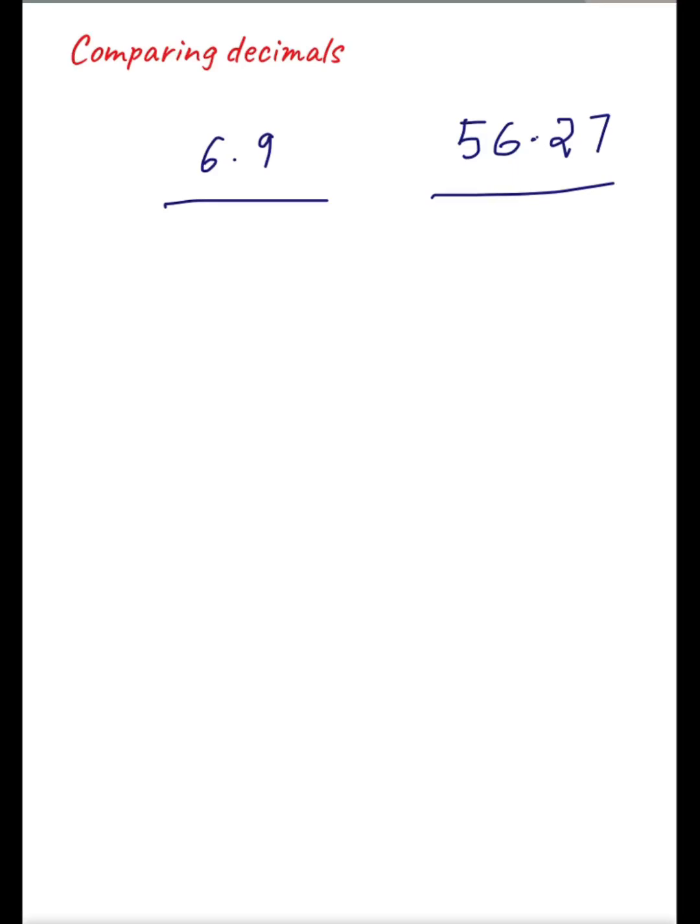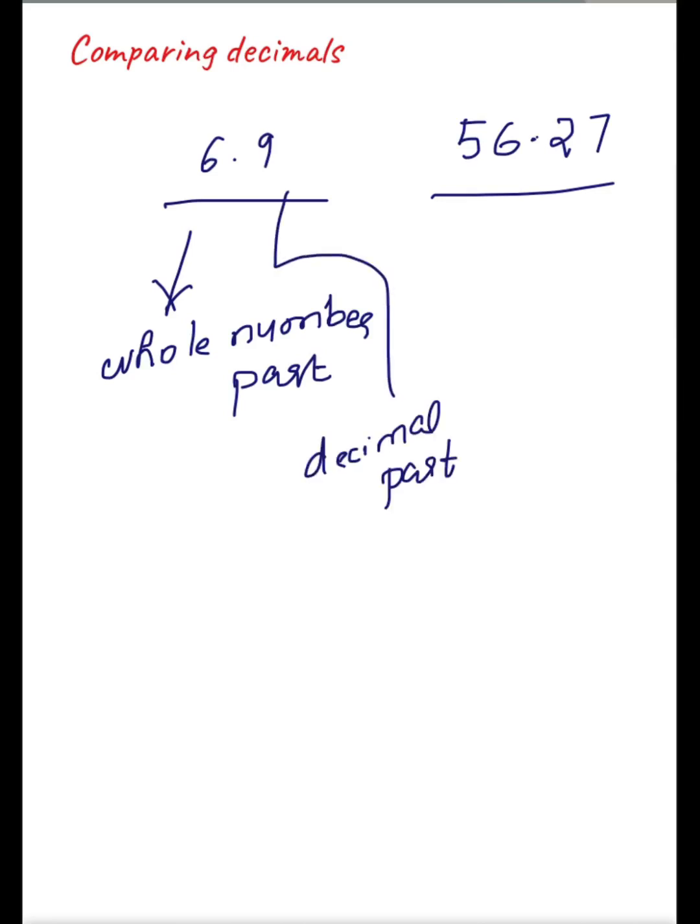Any decimal number has a whole part as well as a decimal part. The whole part of 6.9 is 6, the whole number part, and the next is the decimal number part. Here 56 is the whole part and 27 is the decimal part.